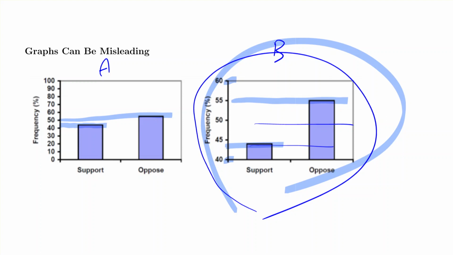Are the x and y axes manipulated in any way to manipulate the data? Are they changed on purpose to give an impression that there is more oppose than support? Numerically, if you look at all the y-axis values, they're pretty similar. That's something we should always keep in mind as a consumer, when we look at a graph or any data.